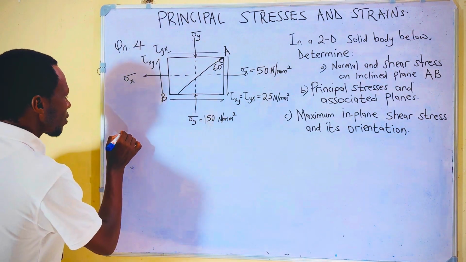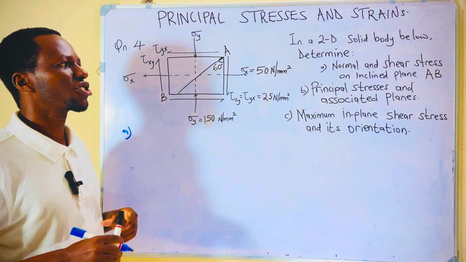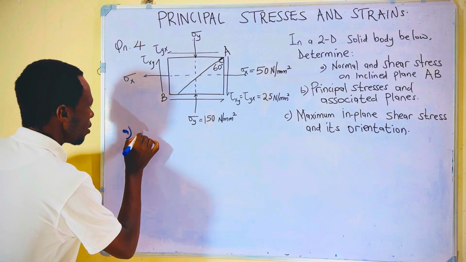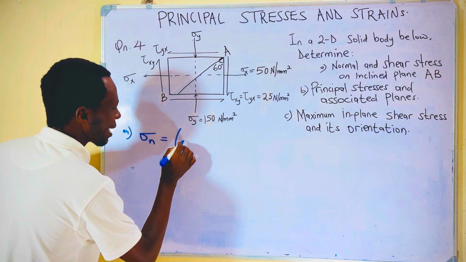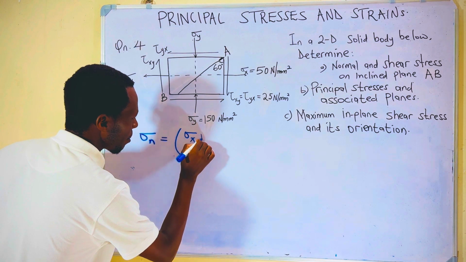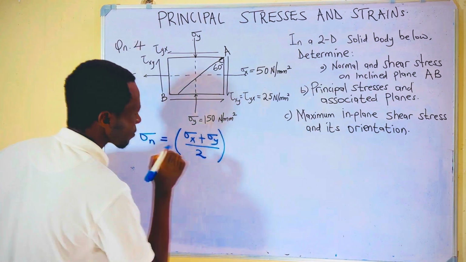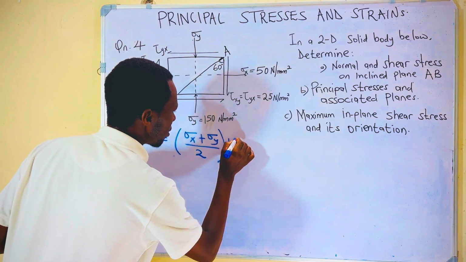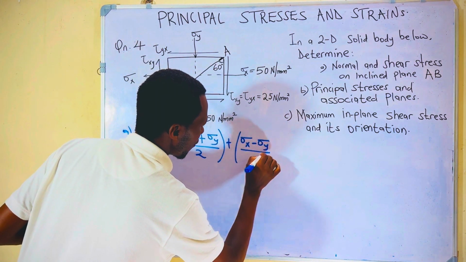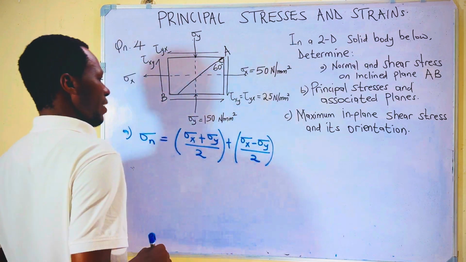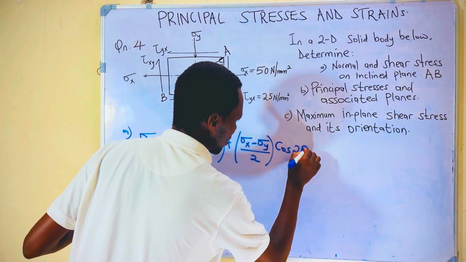Fine, let's have a look at how to solve the first part of the question that says find the normal and shear stress. To find normal, we learned that sigma normal is given by the formula sigma x plus sigma y, everything divided by 2, and then plus sigma x minus sigma y, everything divided by 2, and this one is having cos of 2 theta.